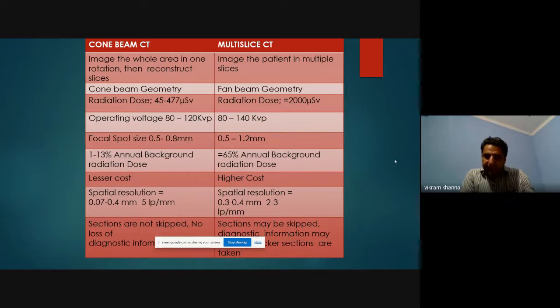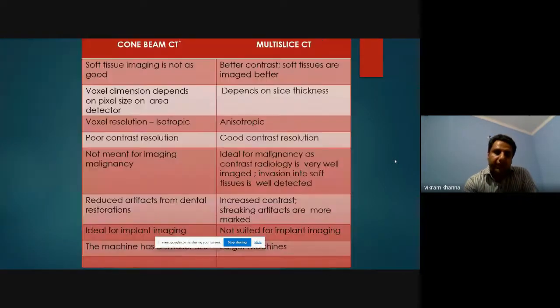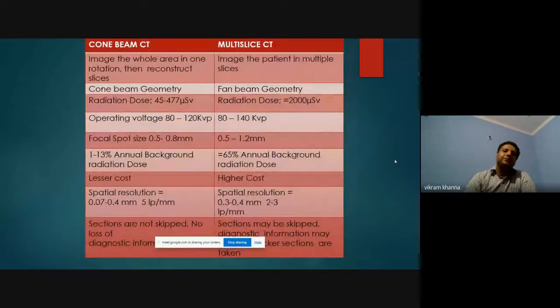Right now I am talking about cone beam computed tomography. It takes volume first. When it rotates, it takes around 500 to 600 basic images or projection data. Then they compile all the data and form a volume out of it.